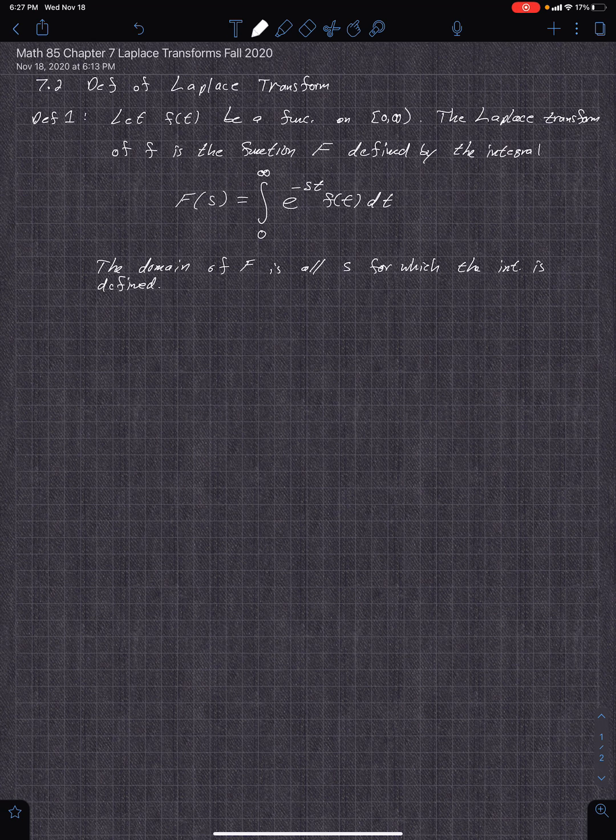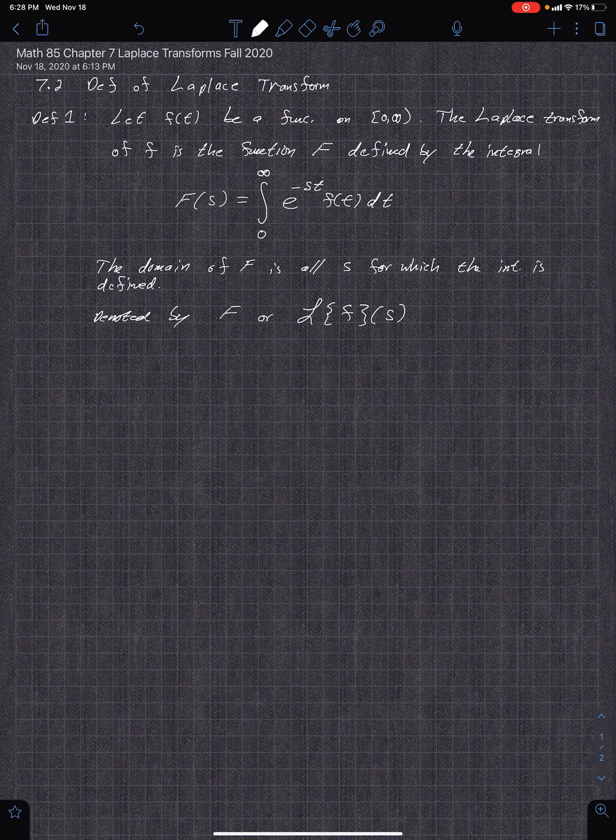All right, and then we have a notation for it. So it's denoted by, well, F, which we don't use much, or it's L for Laplace. Let me make it a little better L. L of f, and you say of s, like that.